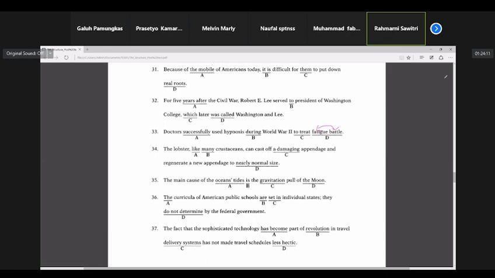Then number 34 we have Laude. The answer is C. The lobsters, like many crustaceans, can cast off a damaging appendage and regenerate a new appendage to nearly normal sized.